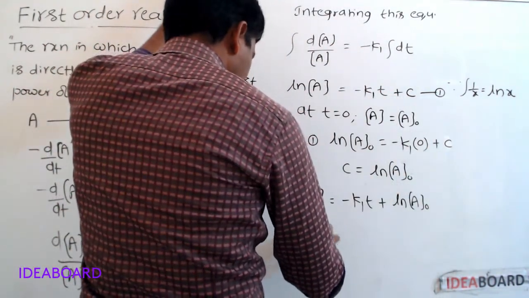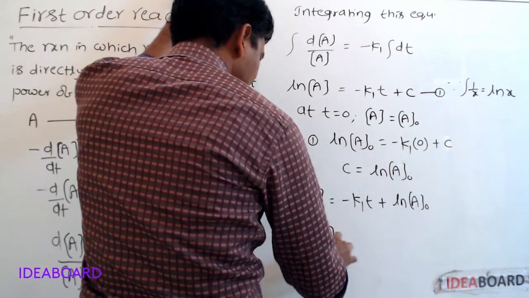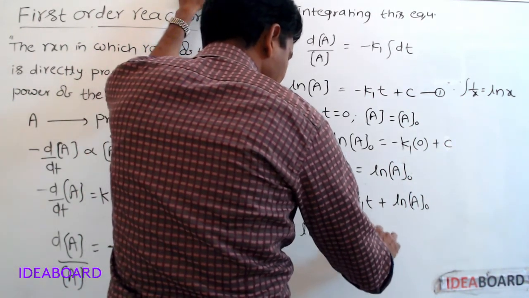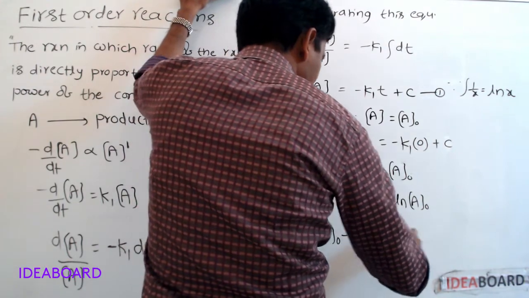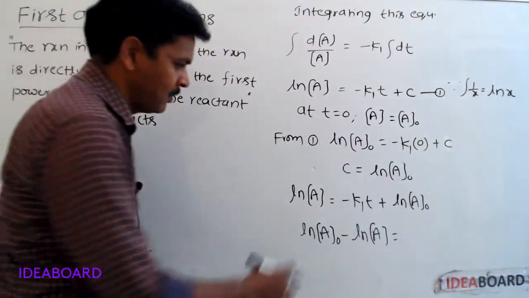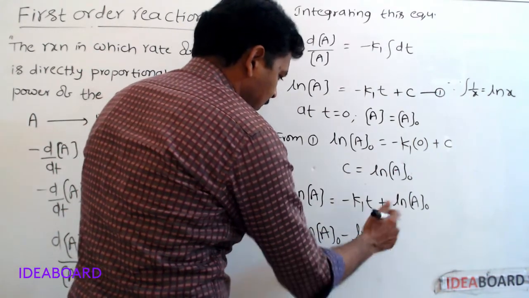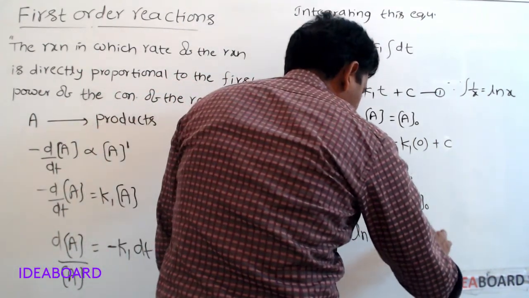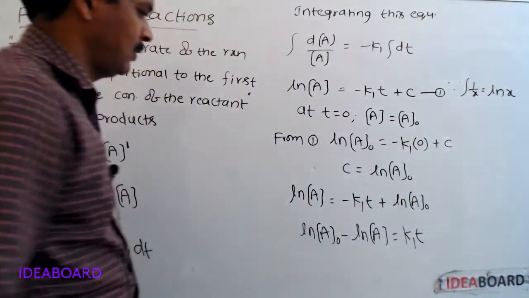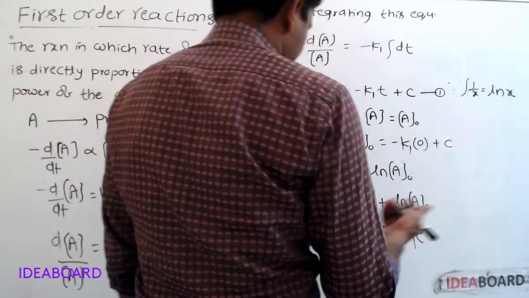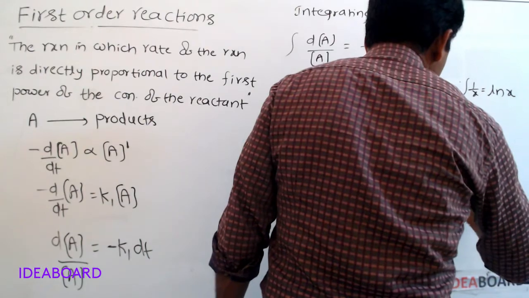Next, from this equation I am writing log A naught minus log A is equal to K1 into t. I am taking this as the second equation.